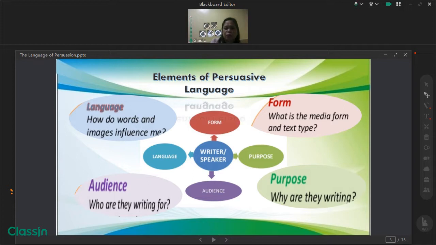What are those persuasive language techniques that you are going to use in order to persuade or convince someone? For example, by using a forceful tone, colorful language, and striking images. So that is our focus in our discussion this morning.